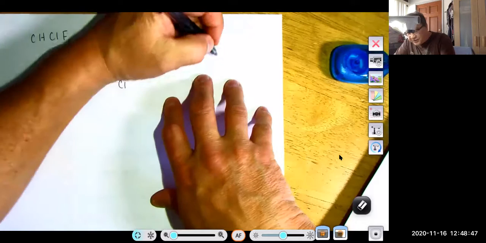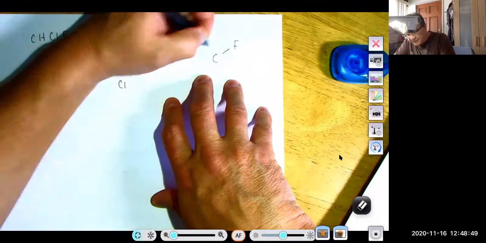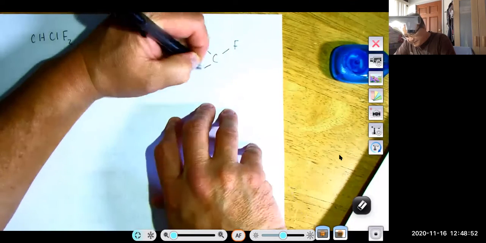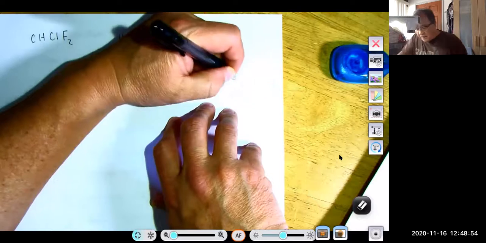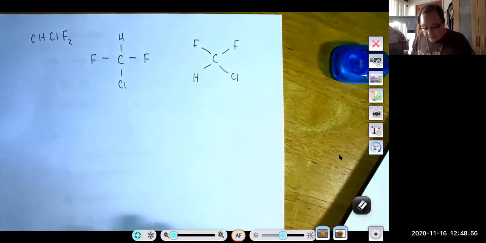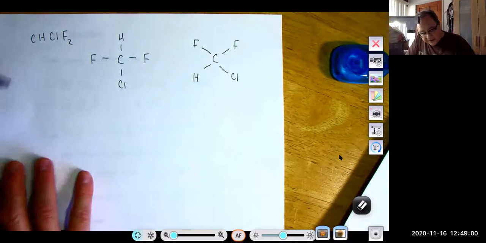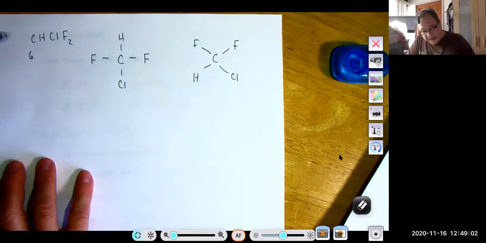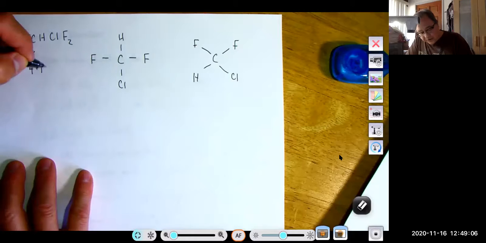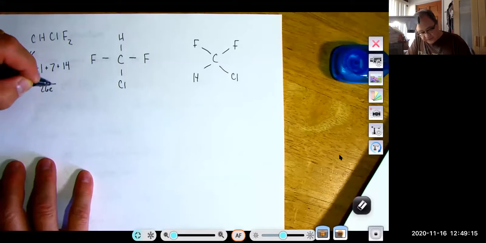Heck, if you wanted to do this, and make it look more like a times than a plus, that's fine also. Let's count electrons. 4 for the carbon, 1 for the hydrogen, 7 for the chlorine, and 14 for the 2 fluorines, which comes out to 26 electrons.